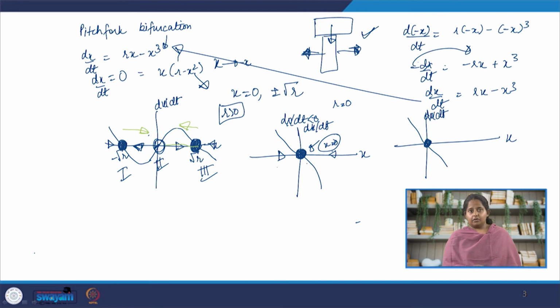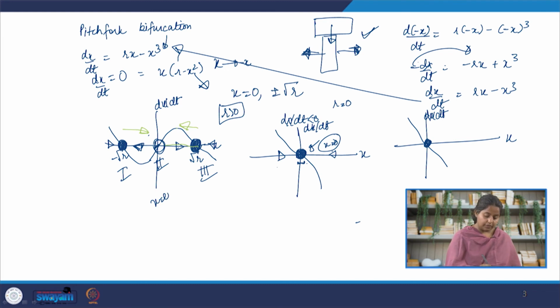So why is it called supercritical bifurcation? The reason is that in the neighborhood of the critical r, when the two fixed points are collapsing into the x equal to 0 fixed point, there happens critical slowing down. So notice two things are happening. Here x equal to 0 is an unstable fixed point.